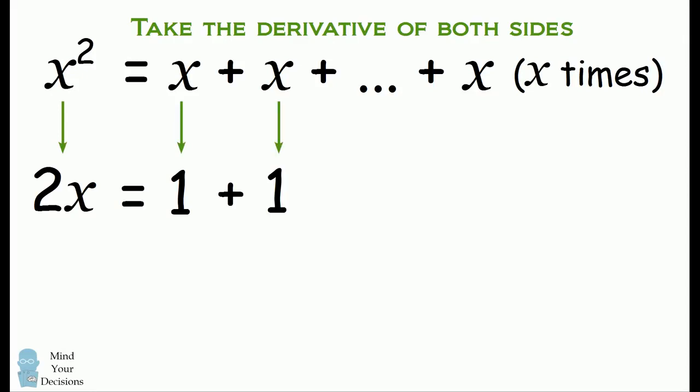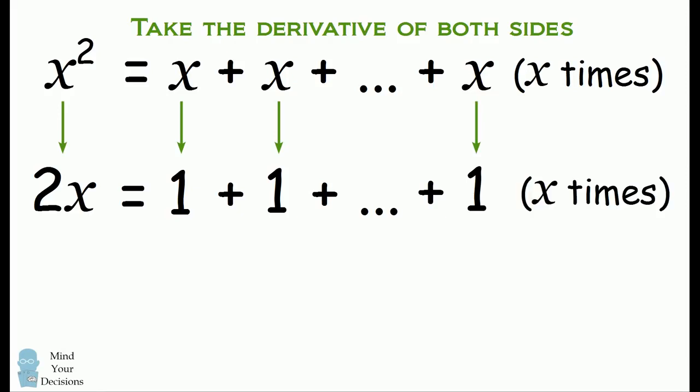The derivative of x again is equal to 1. And then we keep adding this, so each time we add a 1 to the derivative of x. And we do this for a total of x times. If we add 1 to itself a total of x times, we find that 2x is equal to x.